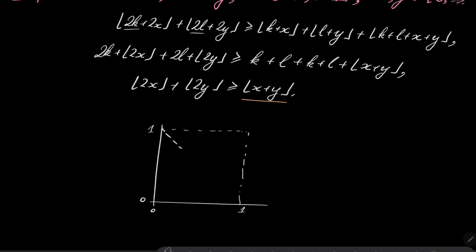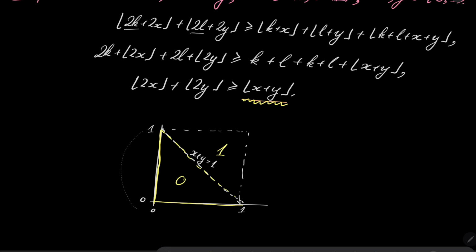And notice that this diagonal is exactly the line where x plus y equals 1. So on this lower triangle, without the diagonal, the value of this expression is 0, and on the upper part, it is 1.